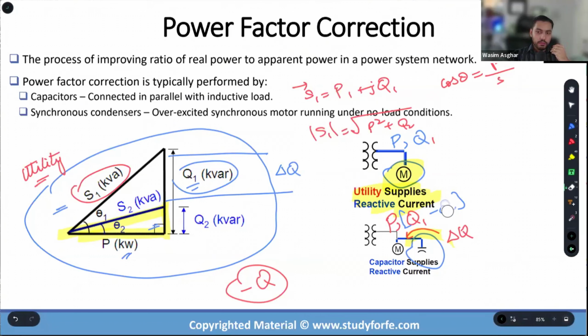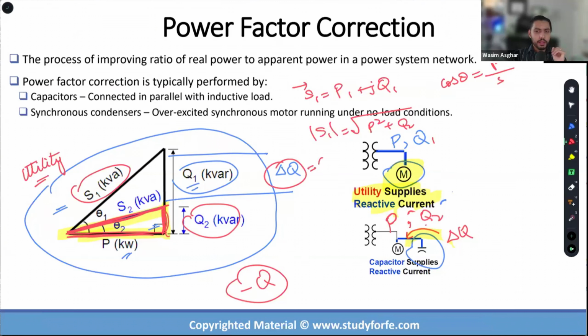And what we are now asking the utility is still P, but Q2, right? So this is the new apparent power that's being provided. The P remains the same. In power factor correction, P always remains the same. And all we are asking the utility now is Q2. And delta Q is being provided by the capacitor locally.